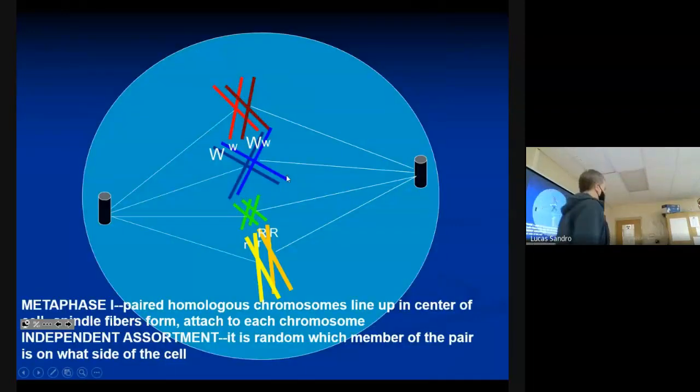Metaphase 1, when they line up like this, they don't line up single file. Not only do they not line up single file, right? They line up in pairs. It is random which side of the cell each member of each pair winds up on.